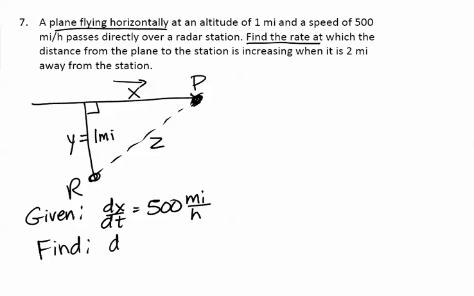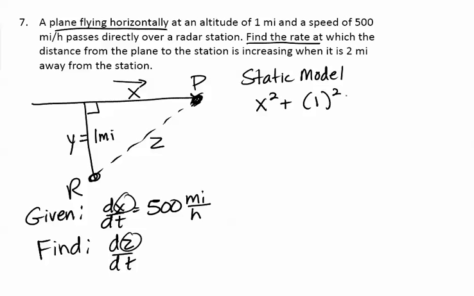So our relationship that contains x and z is our Pythagorean theorem. So our static model is just Pythagorean theorem, but notice that our y-coordinate is always 1. The y-coordinate here is fixed. So this related rates goes a little faster. Related rates model.